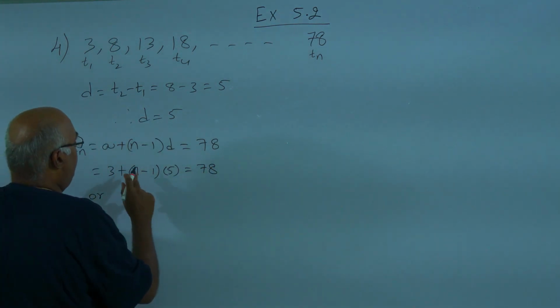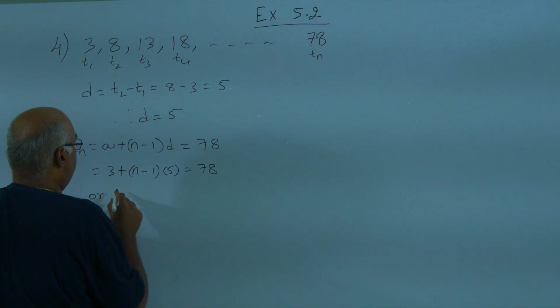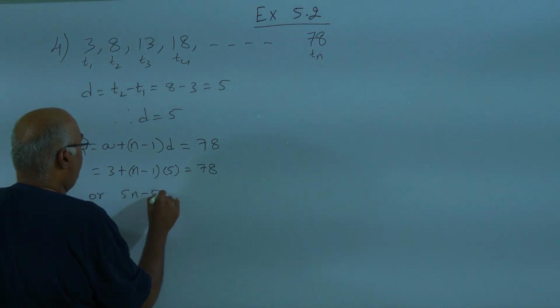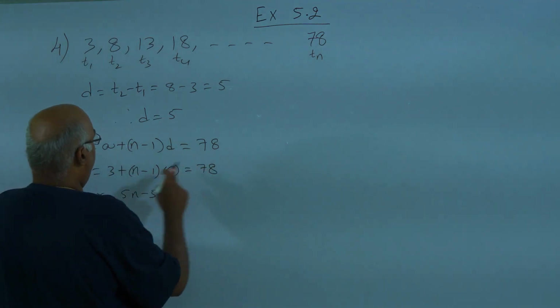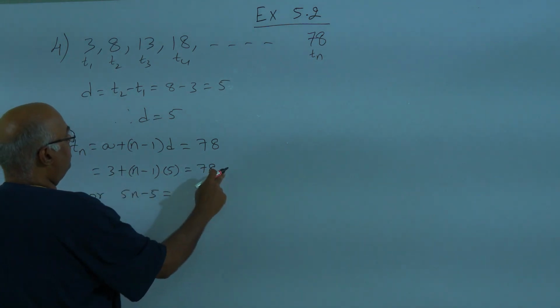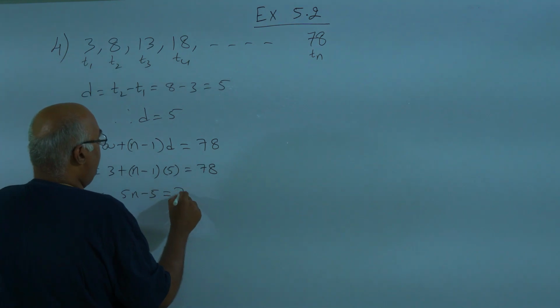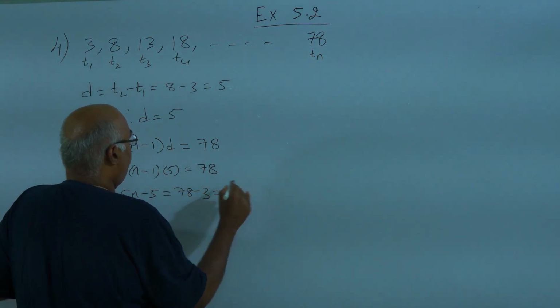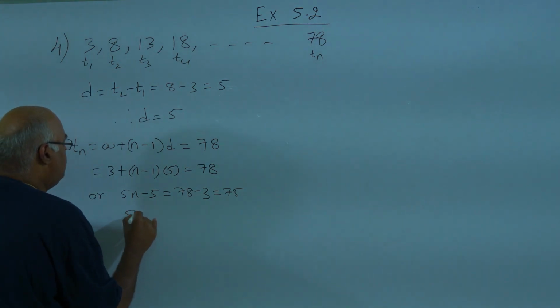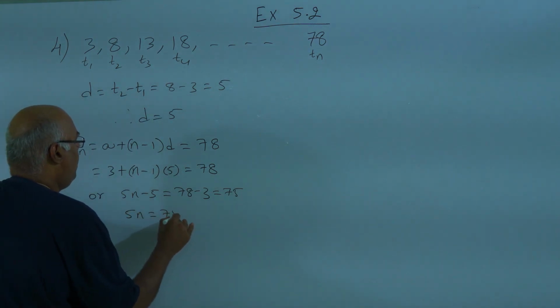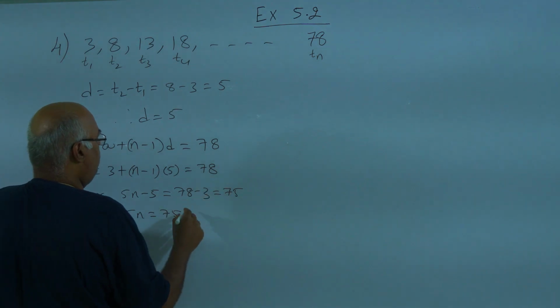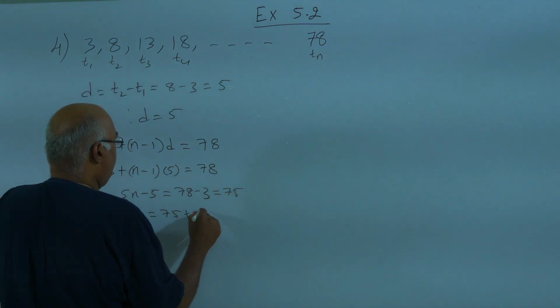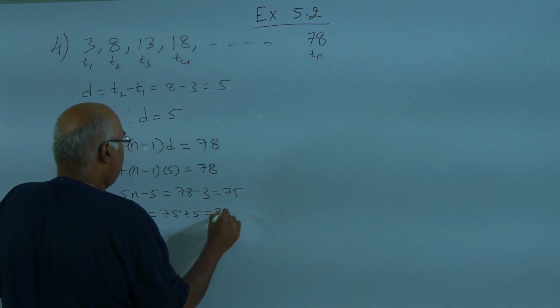Open the brackets, it will become 5n minus 5 is equal to 78 minus 3. 3 if it goes to the other side, it becomes minus. 78 minus 3 is equal to 75. So 5n minus 5 is equal to 75. If this 5 goes to the other side, it will become plus 5. So this is equal to 80.